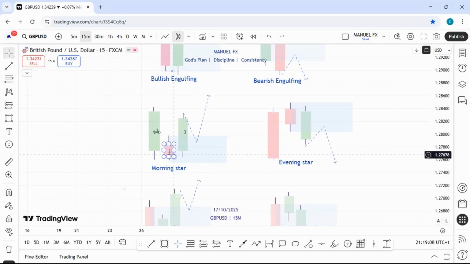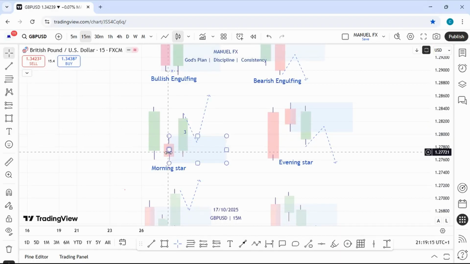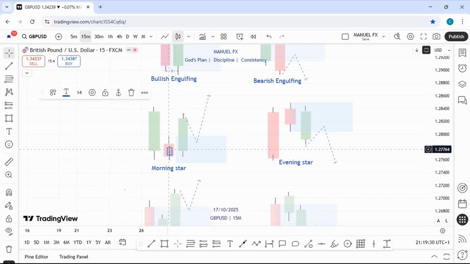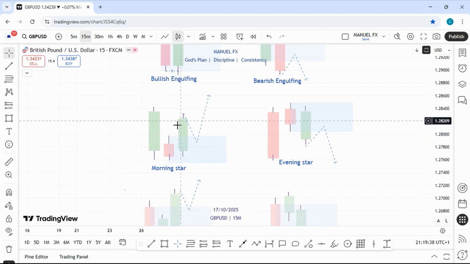I want to see the first candle engulf both the second and the third candle. Now, let me explain well for you to understand. What I want to see is this third candle engulfs this small candle.